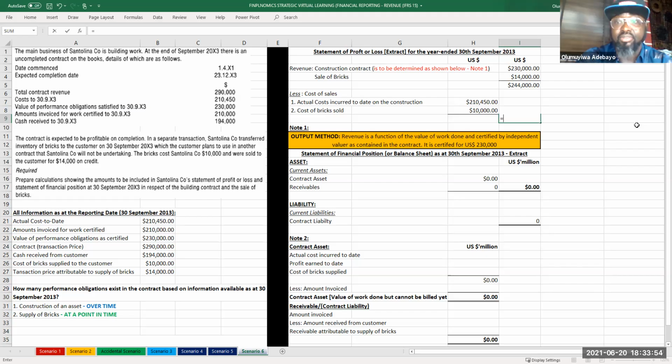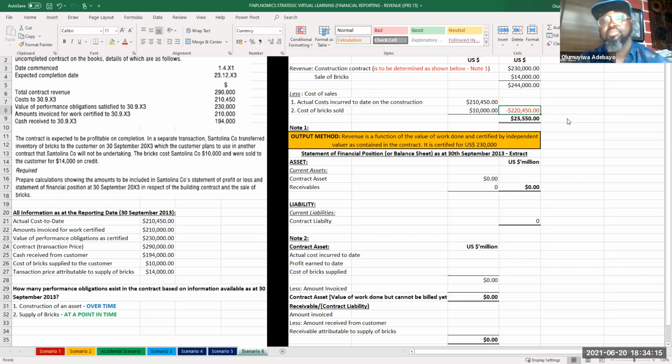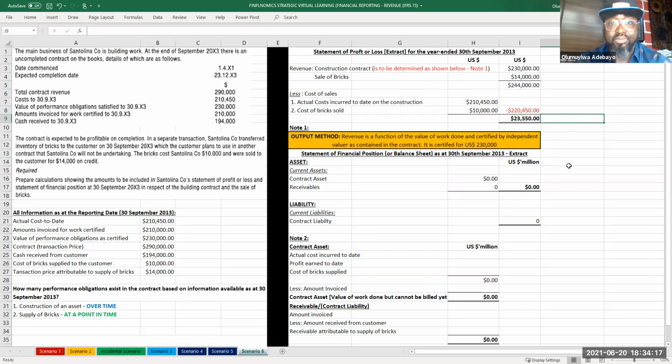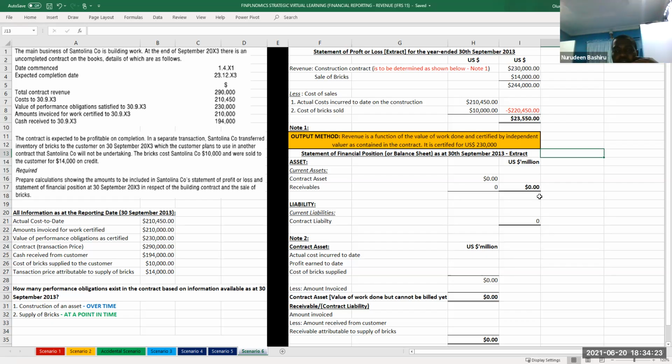And therefore, my profits will be my revenue minus my costs. I can put this in red. That is that. Do we agree with this? Yes.